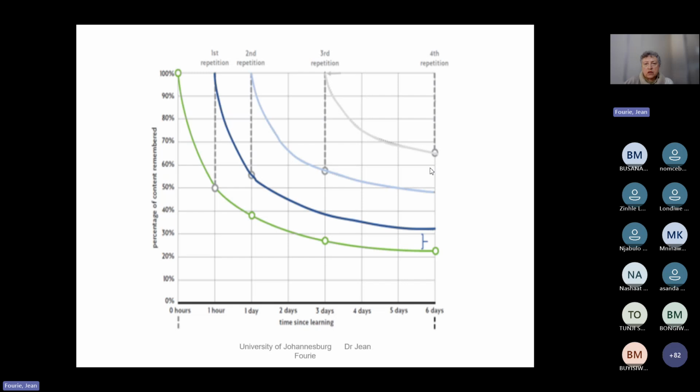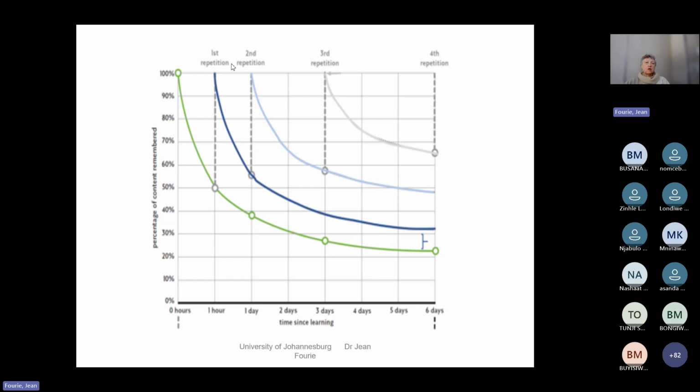And the recommendation is that on day 6, a week later, one should do a fourth repetition, which takes it up to the top, and then the decay will be about a 10% loss and 90% recall.